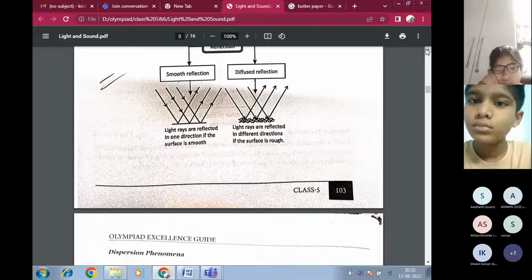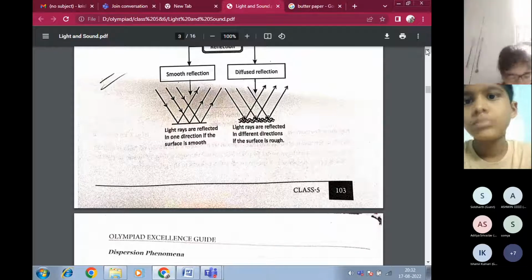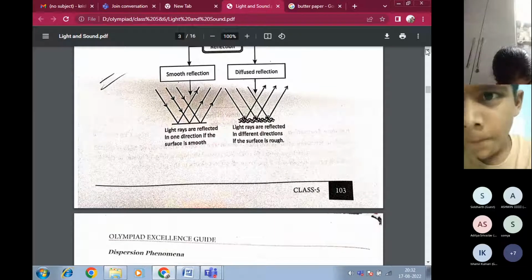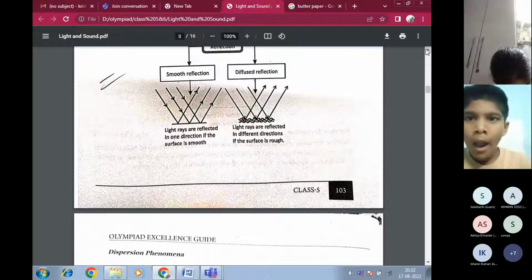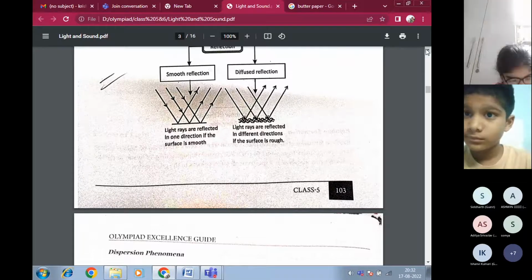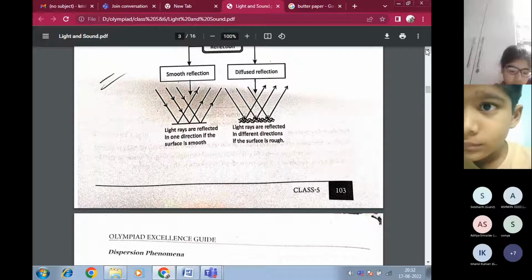When the light falls on these kinds of surfaces, like the books I told you about, the line of 5, the line of 2, the line of 10, there is a height difference. What happens when a light ray falls on the five-book line? It might bounce back in a different direction.